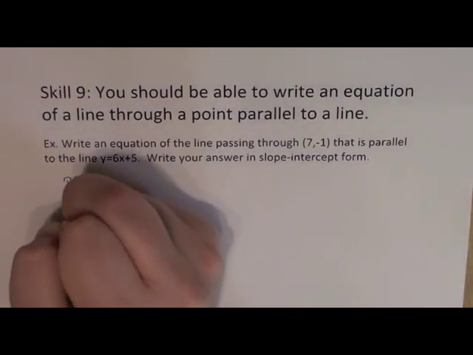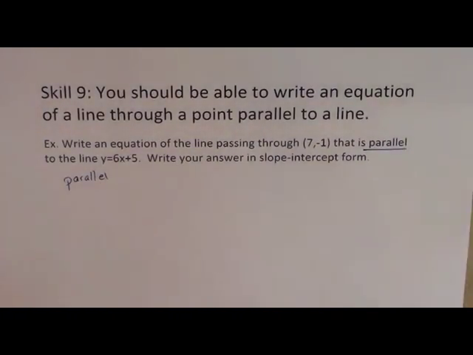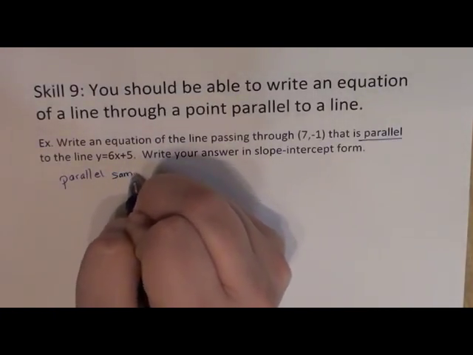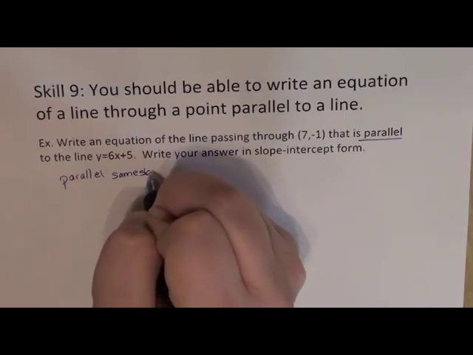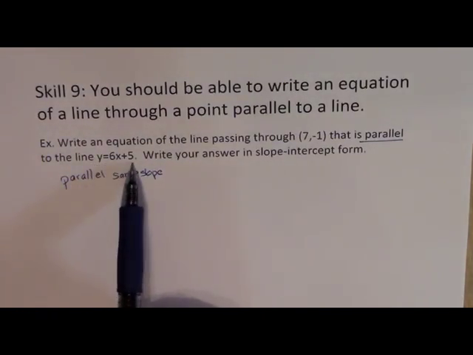Well, parallel is the key word here. And for lines to be parallel, thinking about it as not so much geometric, but more of an algebraic approach, parallel means they have the same slope. So the question becomes, what is the slope of this line up here?